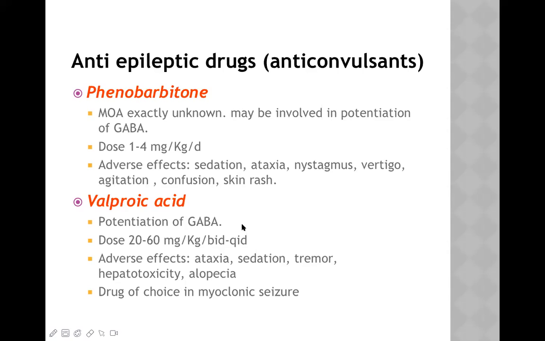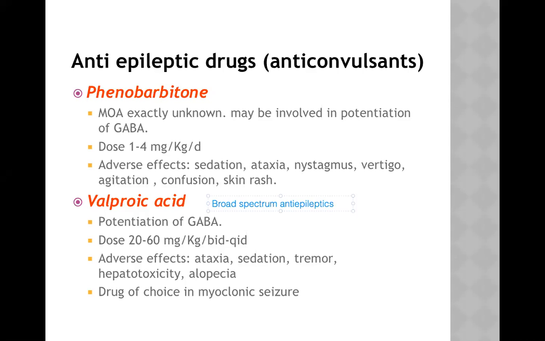Valproic acid is known as a broad spectrum anti-epileptic drug. Let me write that for you here, broad spectrum. Now why is it called broad spectrum anti-epileptic? There is a reason, because it controls both generalized as well as partial seizure.